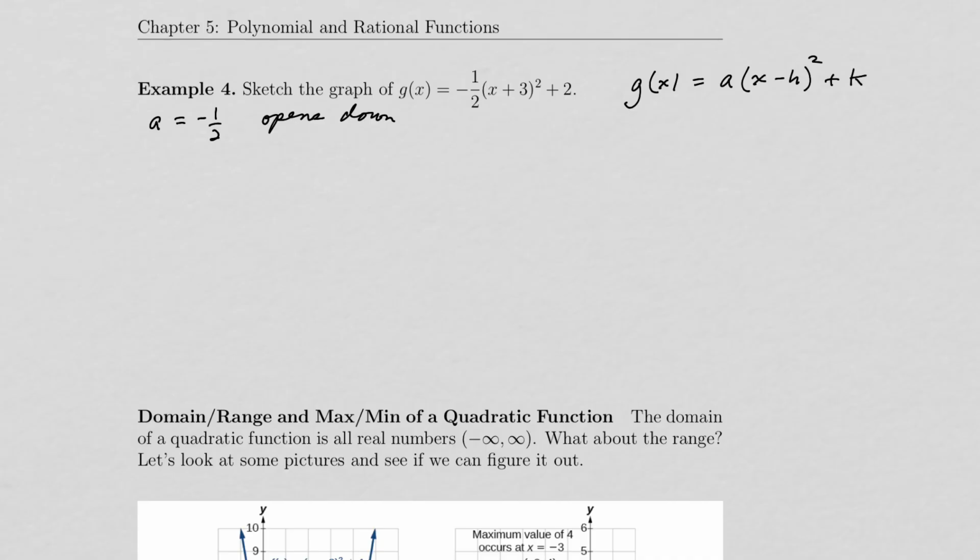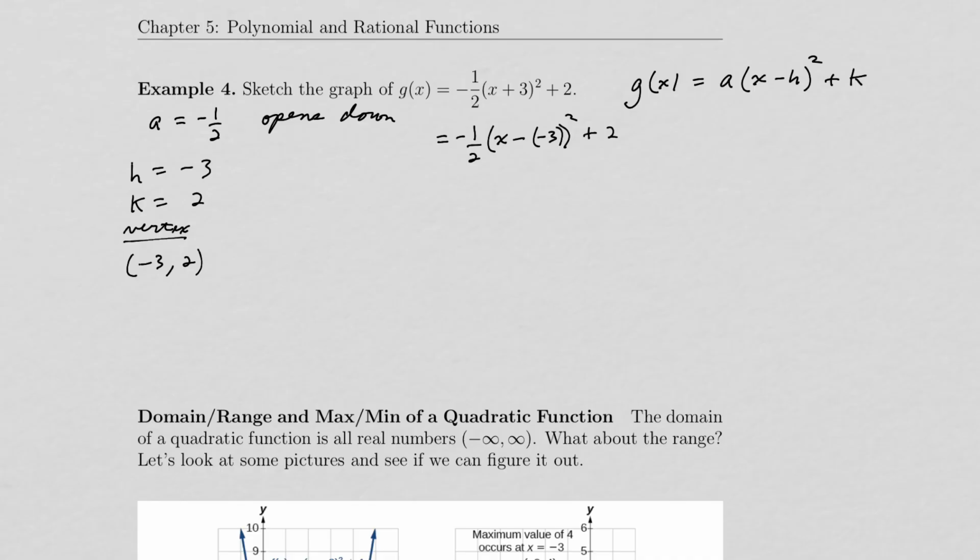You can think of this as -1/2 times (x minus, because I want it in that same form, minus -3), that's the same as x plus 3, squared, plus 2. So this is telling us that h is equal to -3. And it's also telling us that k is equal to +2. So I know the vertex has the coordinates (-3, 2), right? (h, k).